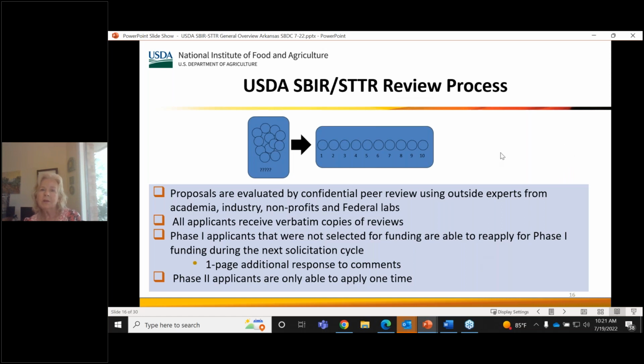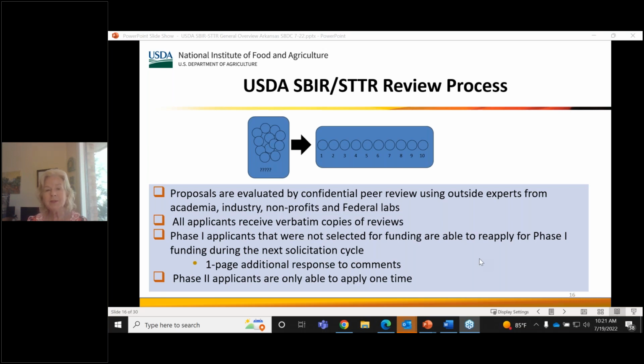Now I'm going to talk a little bit about the review process. So for USDA SBIR and STTR, proposals are evaluated by a confidential peer review panel. So we use these panels of outside experts. They come a lot from academia, but also from industry, nonprofits, and federal labs.